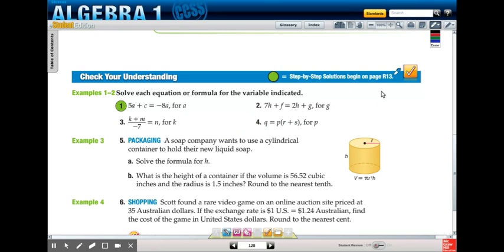And this one here, I'm solving it for p. Now, this one doesn't look too bad, because I think this whole thing right here is multiplying times p.